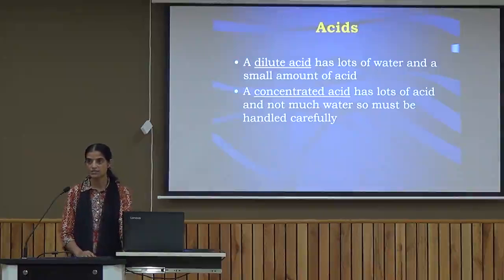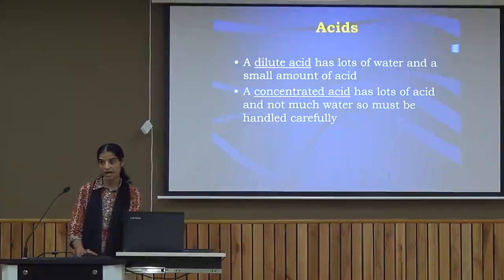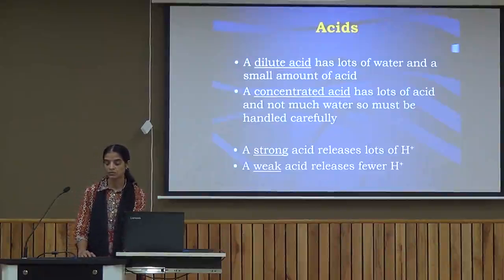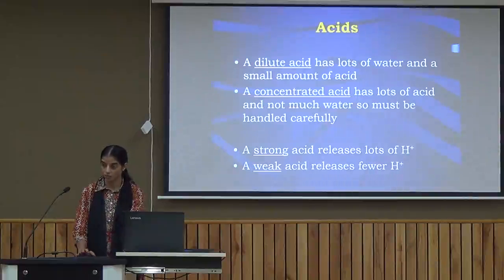Concentrated acid comparatively has a large amount of acid and very little water. So dilute has a lot of water in it and concentrated has a lot of acid in it.